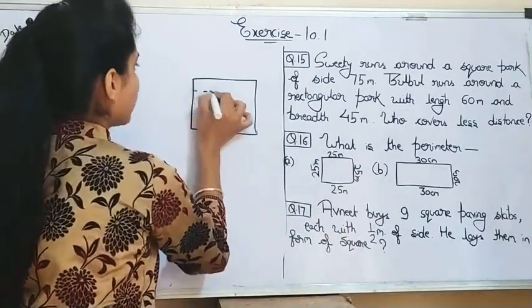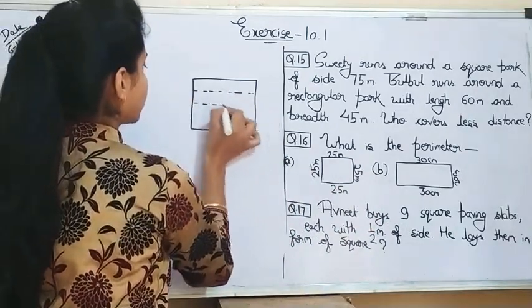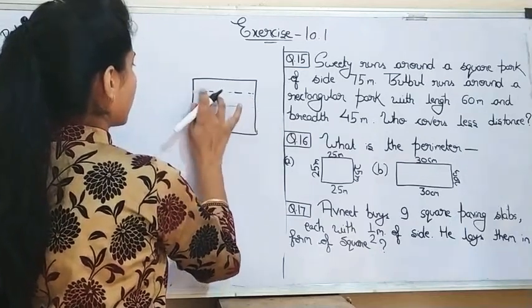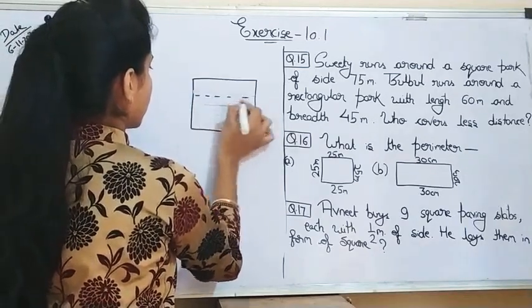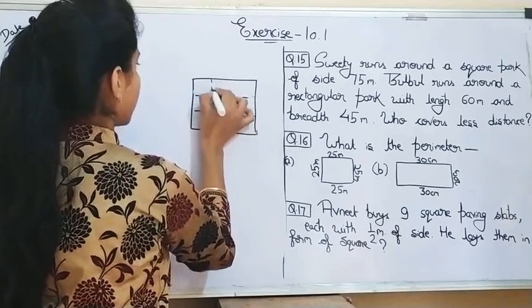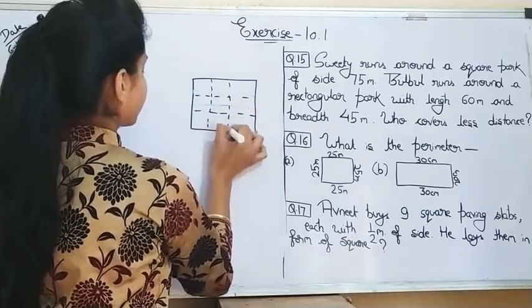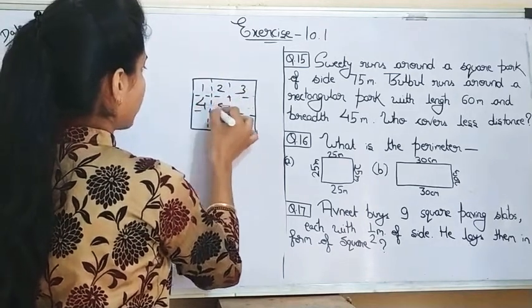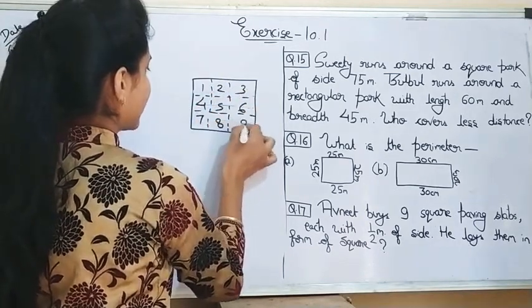Okay. So we will make this. In this way they are made: 1, 2, 3, 4, 5, 6, 7, 8, 9.